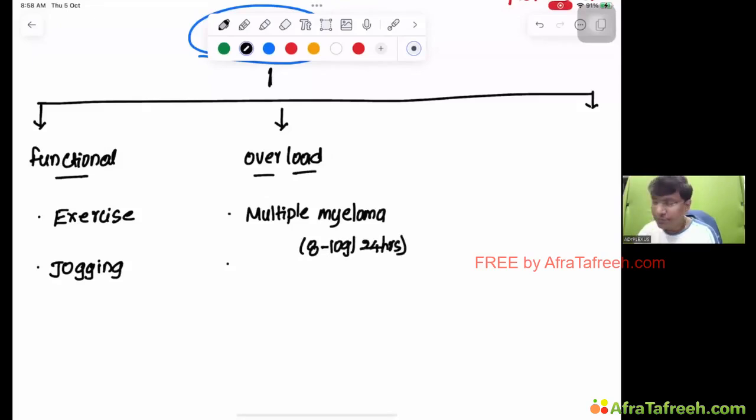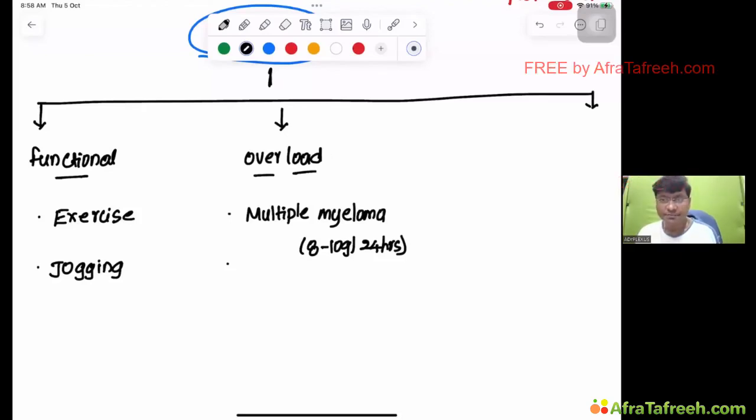But the total quantity of the proteins in our body is only 6 to 8 grams per 24 hours. So how can you explain the proteinuria of 8 to 10 in multiple myeloma? The reason is that in multiple myeloma, you have abnormal immunoglobulins or abnormal light chains being formed.